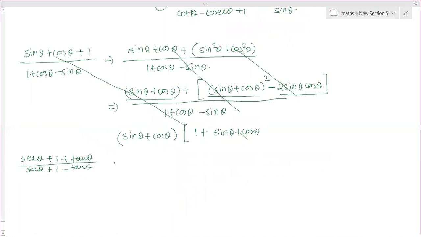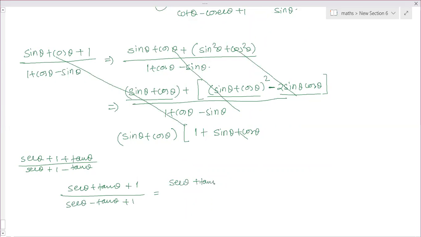So you got this. So write this as sec theta plus tan theta plus 1 divided by sec theta minus tan theta plus 1. Substitute only in the numerator, substitute 1 with sec square minus tan square.